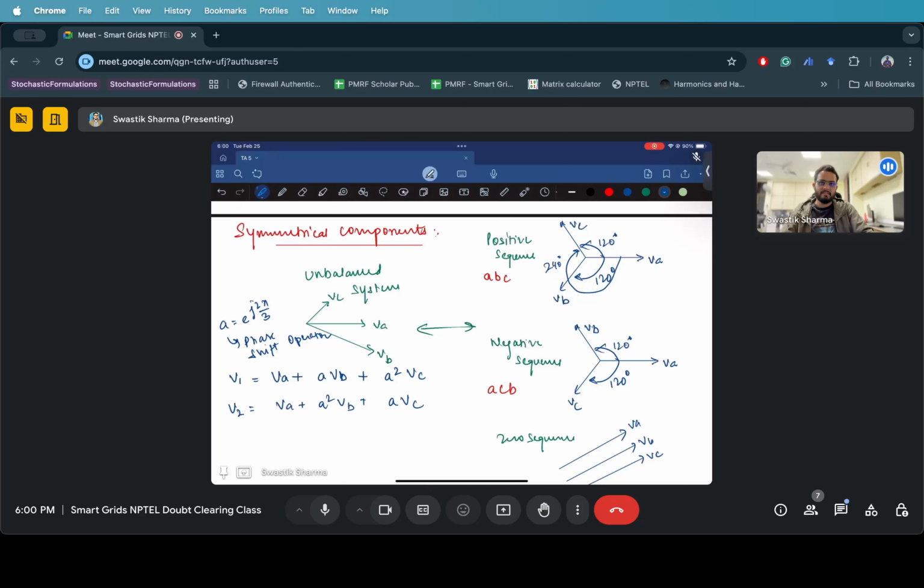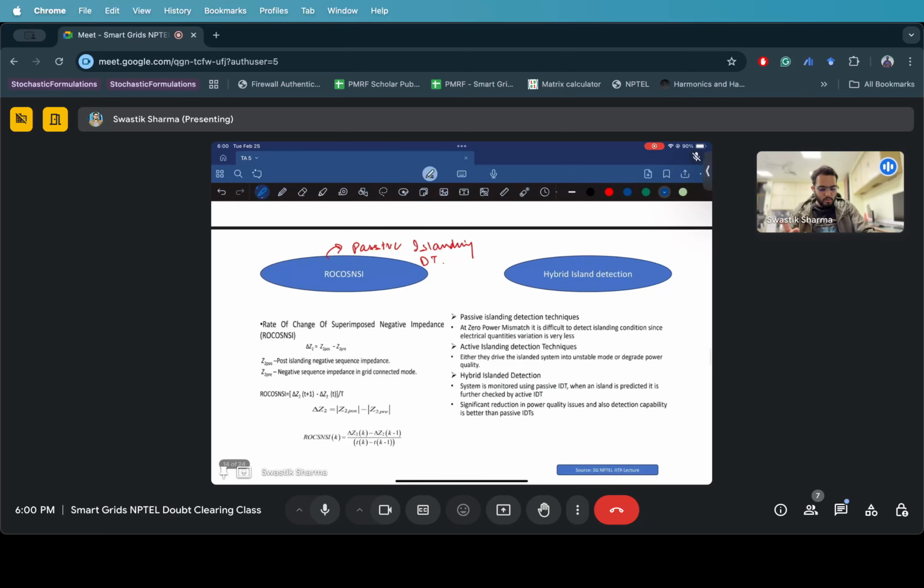And if there is unbalancing, we will be able to tell that our system is not perfectly balanced. So this is what the researchers have used in this method as well. They are tracking, for example, if there is some voltage deviation, something happened in the circuit, and there is some power mismatch.